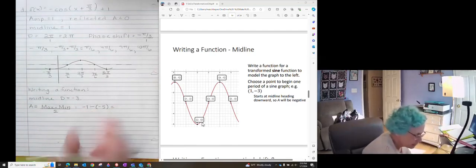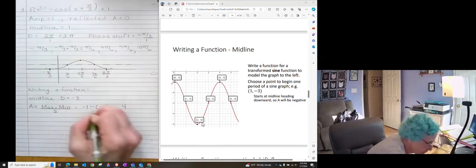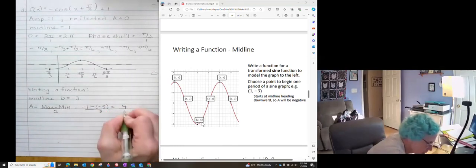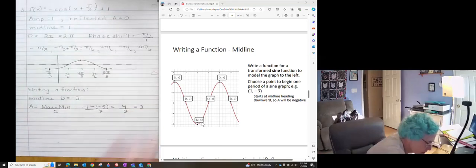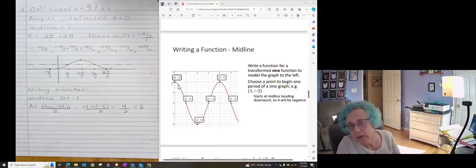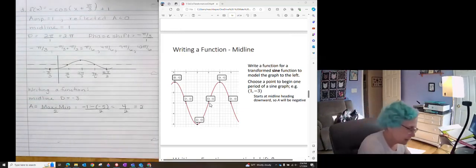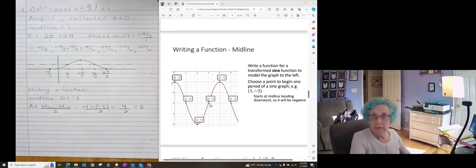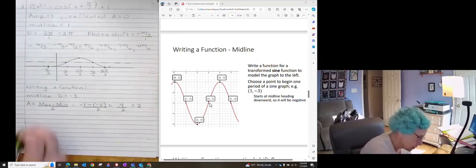So -1 plus 5 gives me 4 over 2, which is 2. And you can see we move 2 units down to get to the midline, 2 units down to get to the min, and 2 units up to get back to the midline. So it makes sense that my A is equal to 2.